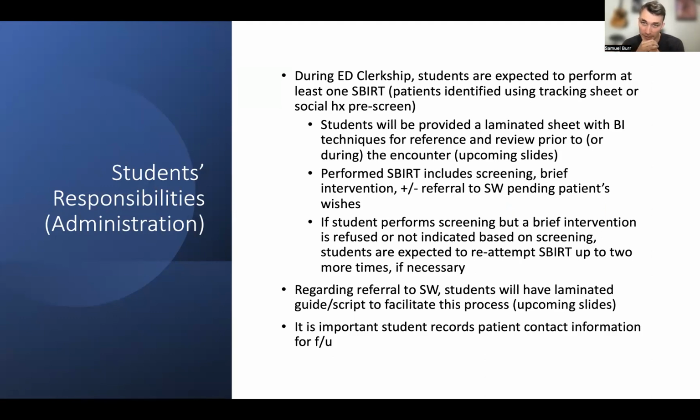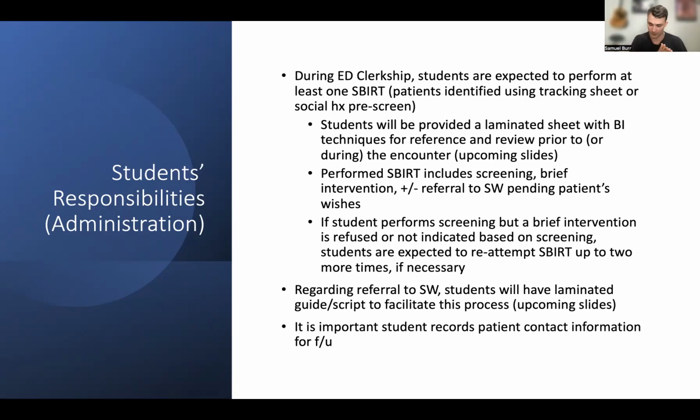If you are in the ED and you're looking at the tracking sheet, there's the reason for the visit in one of the columns, and a lot of times those reasons will allude to some pathology, either directly or indirectly related to substance use disorder or risky substance use. So there can be hints within that tracking list, which can be useful for students looking for a patient to do this with.